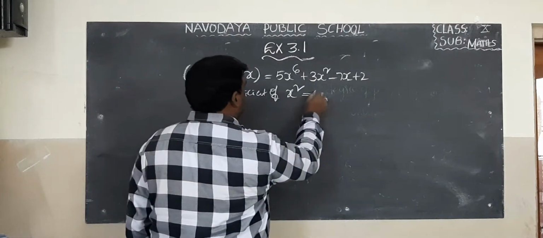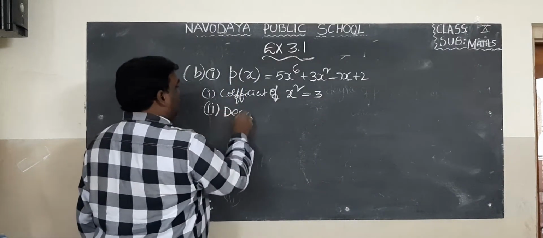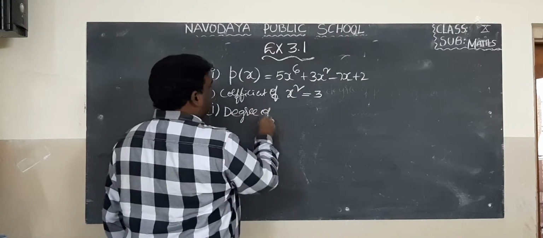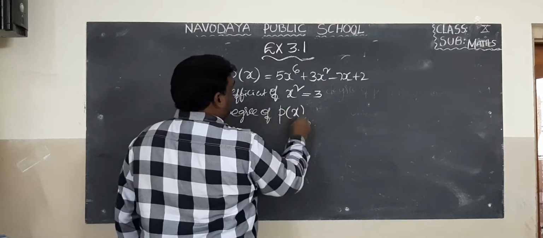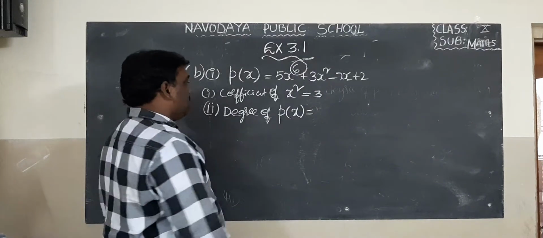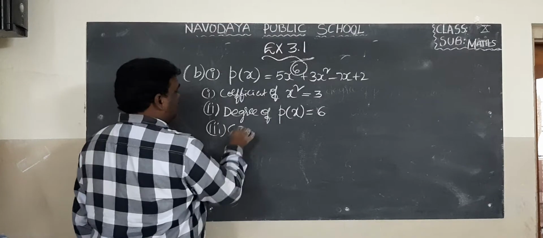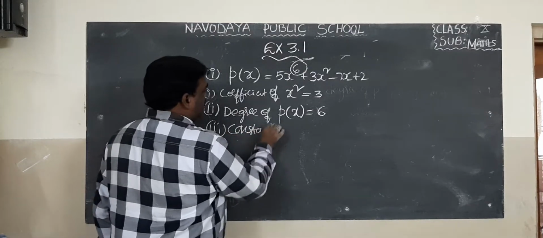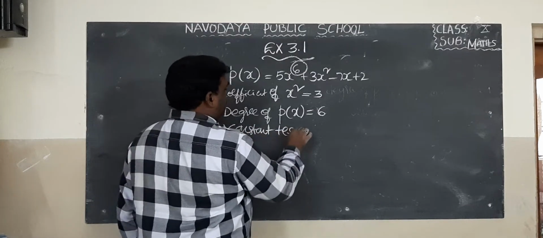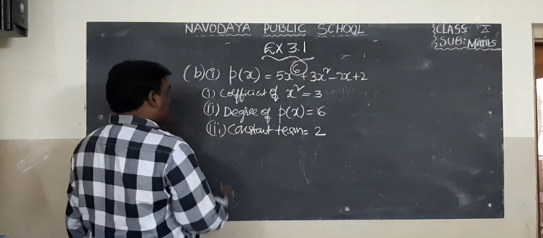Coefficient of x square is what? 3. Second one, degree of p of x. What is degree? Top highest number, 6. Third one, constant term. What is the constant term? Last one, plus 2.